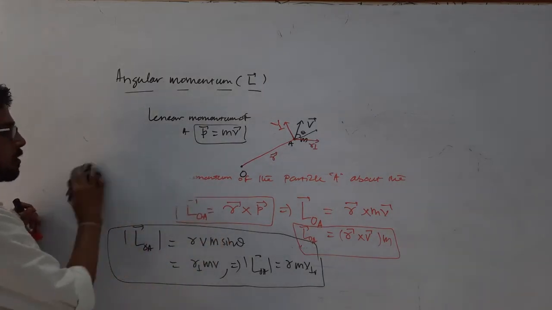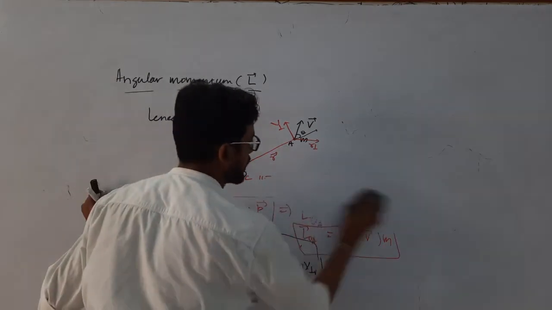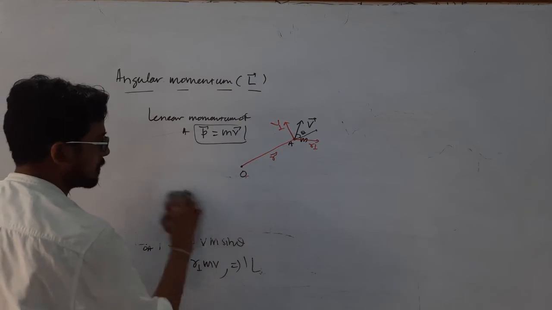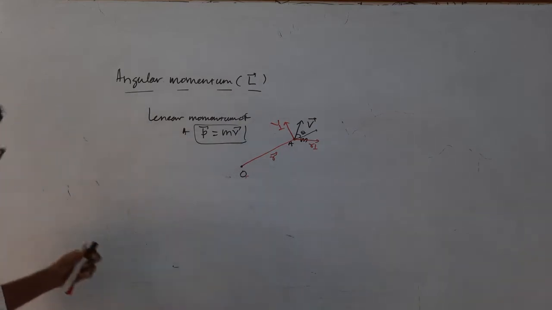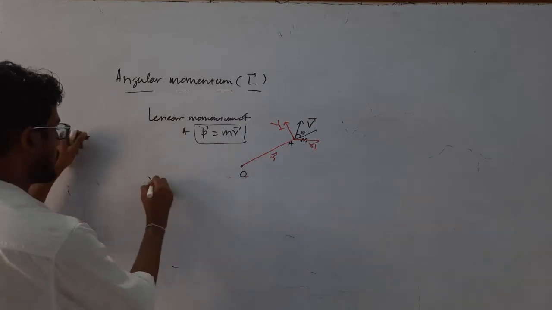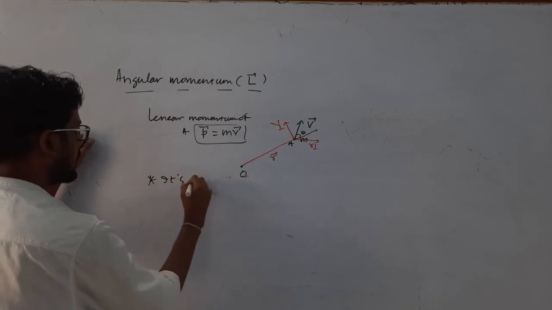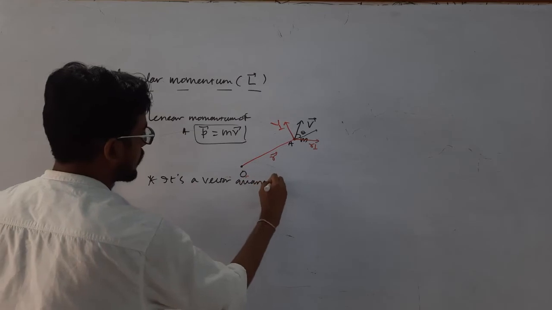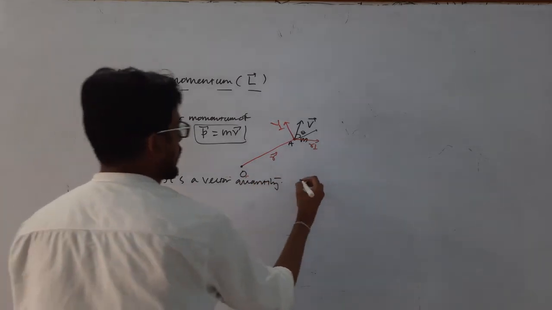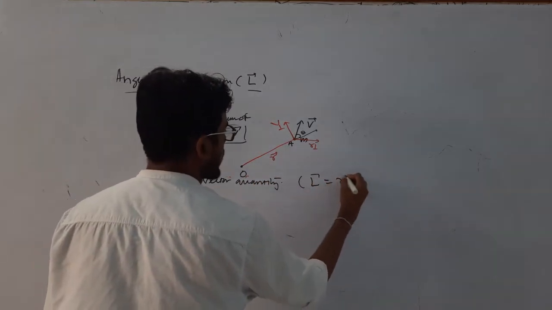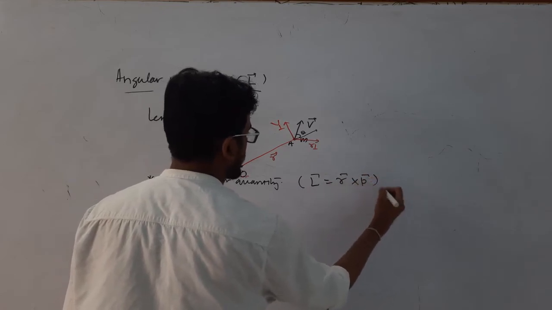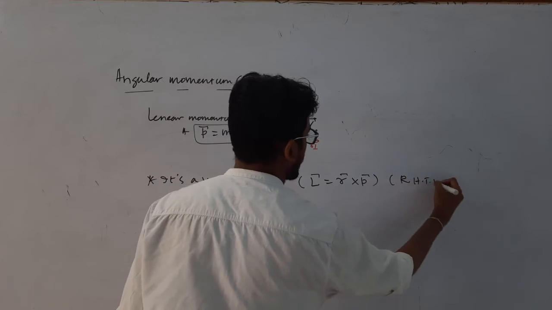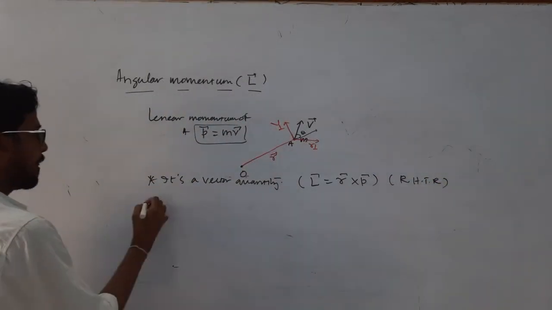So this is also a vector quantity, because the L vector is defined as r vector cross p vector. Direction can be obtained by using the right hand thumb rule. Clear?